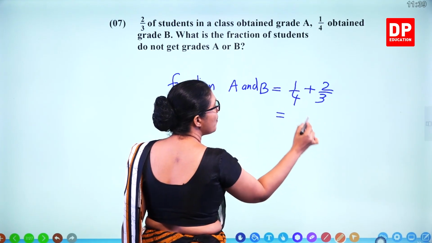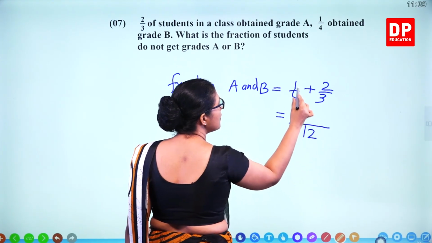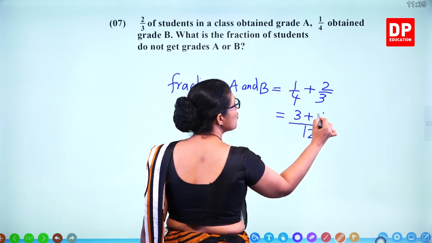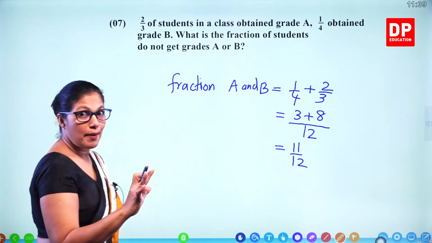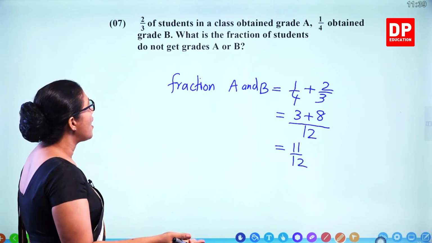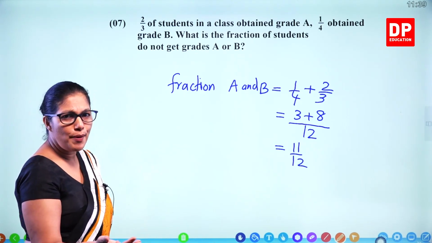So find the common denominator, 12. 3 times 1 is 3, 4 times 2 is 8. 8 plus 3, 11 over 12. That's the total part. So the remaining part is not getting A's or B's.